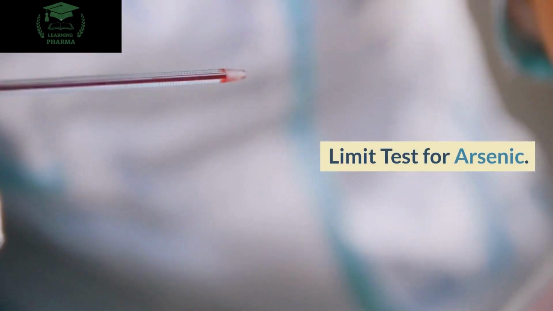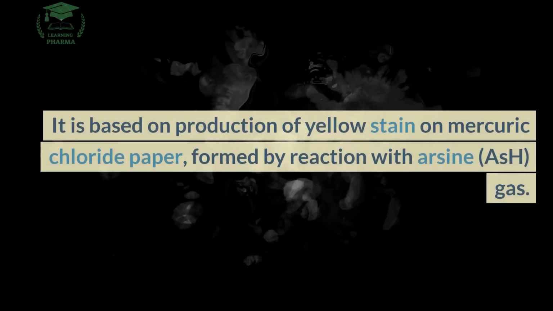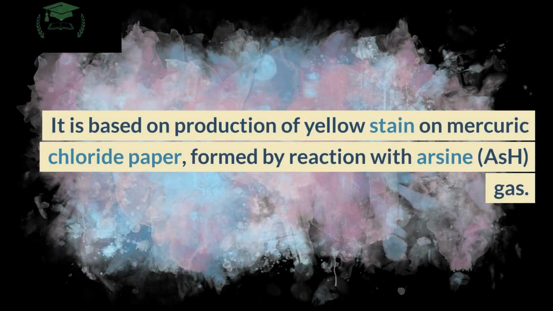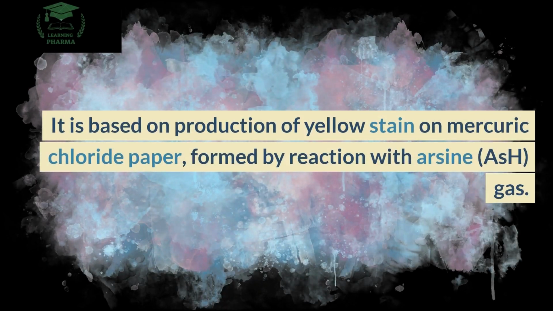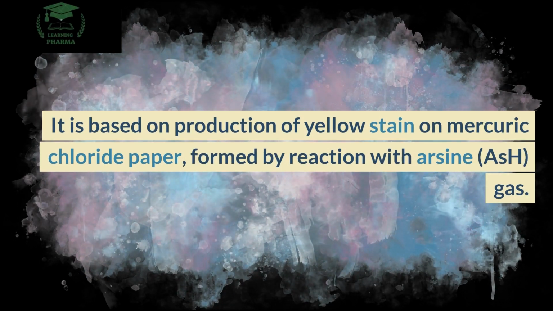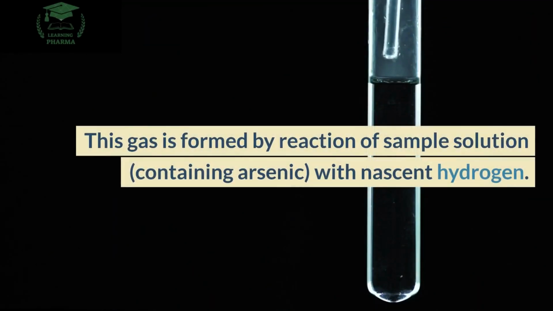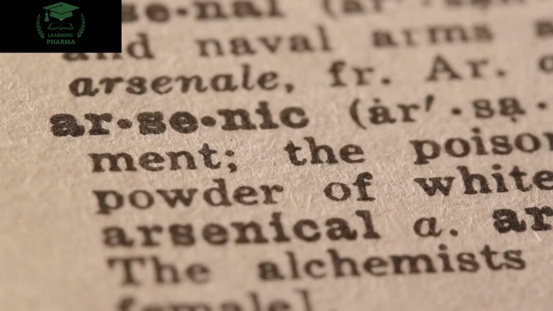Limit test for arsenic. It is based on production of yellow stain on mercuric chloride paper, formed by reaction with arsine, AsH3 gas. This gas is formed by reaction of sample solution, containing arsenic, with nascent hydrogen.